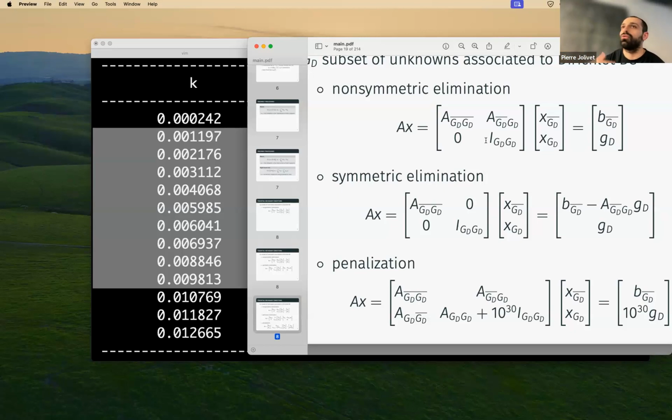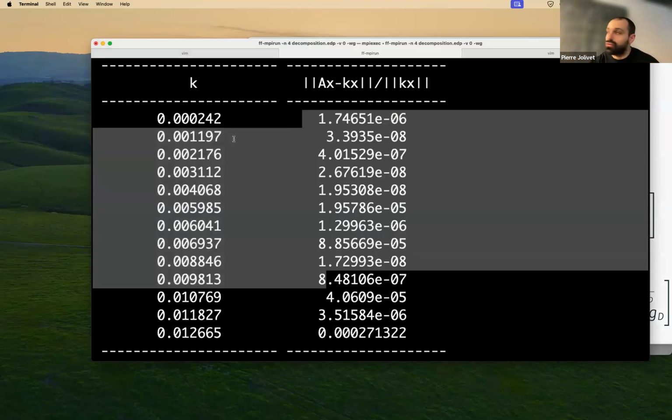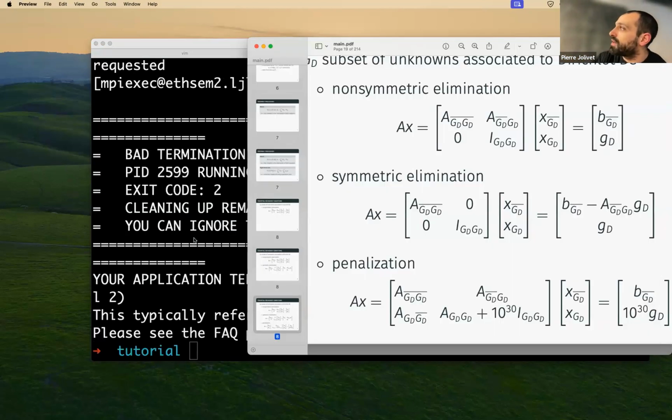Whenever you do eigenvalue analysis, or iterative solvers, or nonlinear solvers, it's most often recommended to switch to something other than the default TGV. In fact, here the problem is symmetric, so we can use TGV equal -2. TGV equal -2 does symmetric elimination, so not only does it put 0 on the rows, it also puts 0 on the columns.